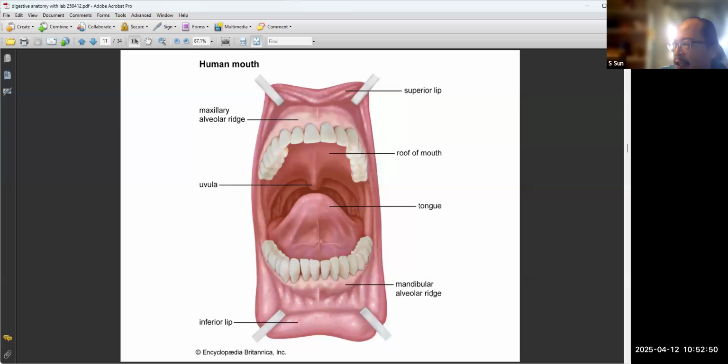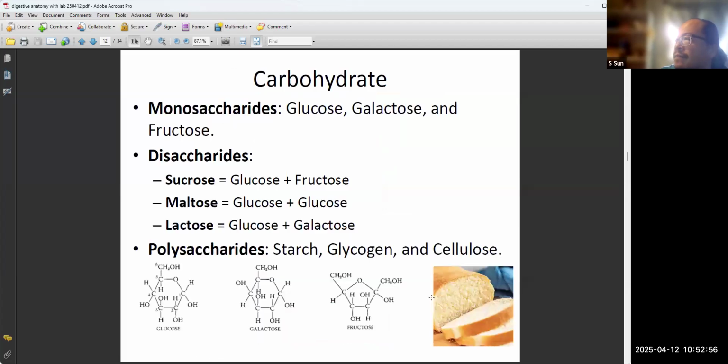And the mandibular alveolar ridge right here. And the other thing we have seen them before. So mouth digests the carbohydrates, basically breaks them down into monosaccharides. So that's what mouth does.